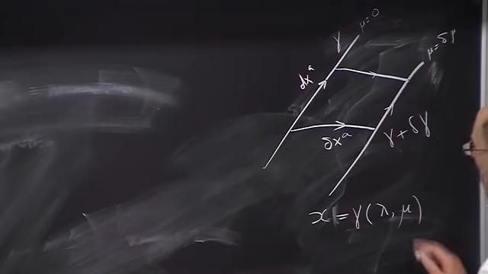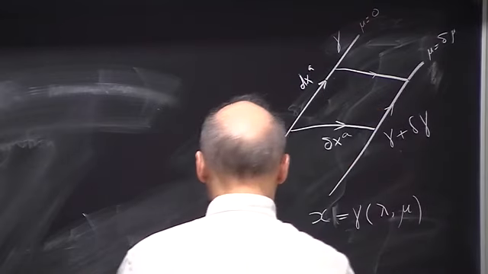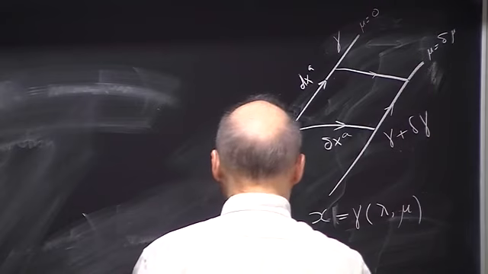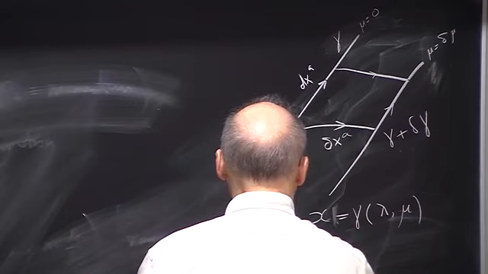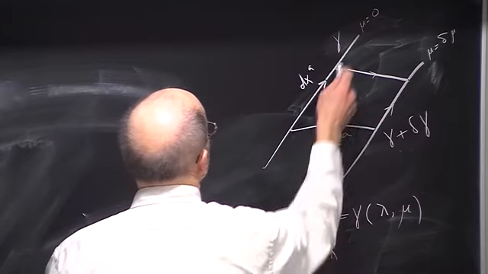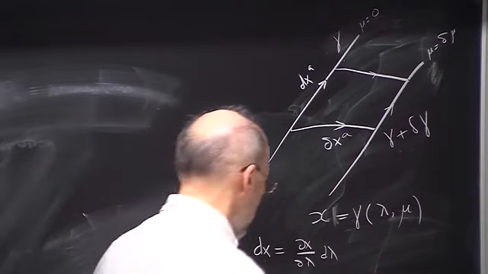As we discussed before. And then I can think of dx as really just dx d lambda times d lambda. Varying lambda is taking you along the world line, and varying mu is taking you from one world line to the neighboring world line.